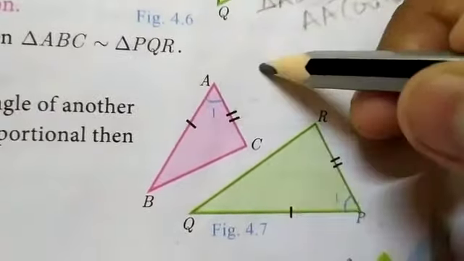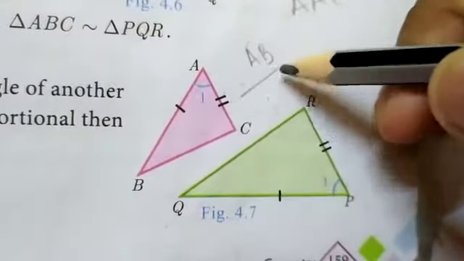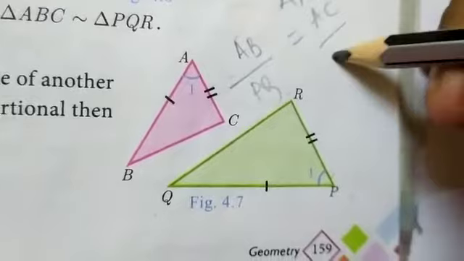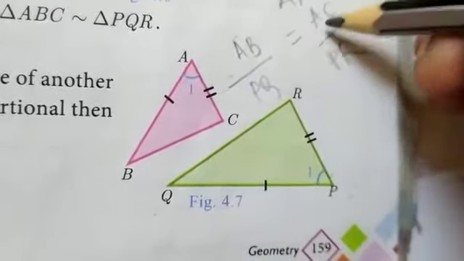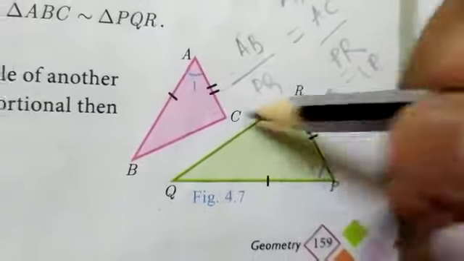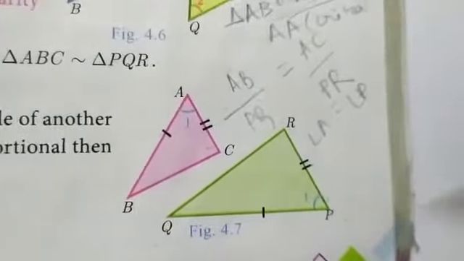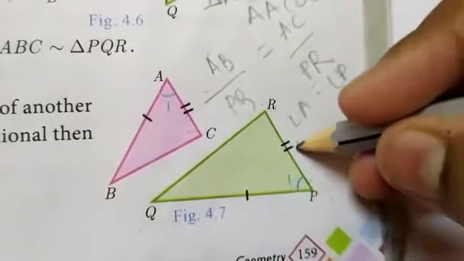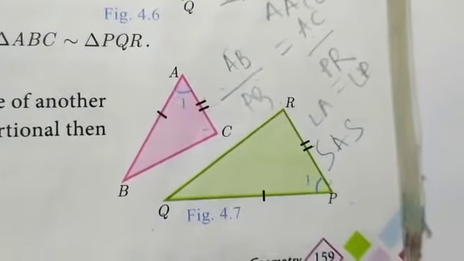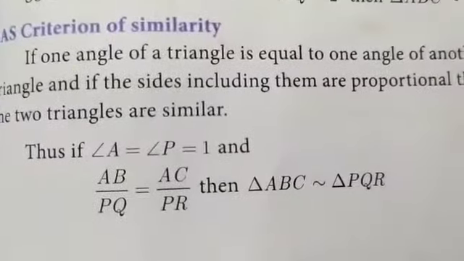If this is there, and angle A equal to angle P is given, then you can write these two triangles are similar to each other by SAS criterion of similarity.